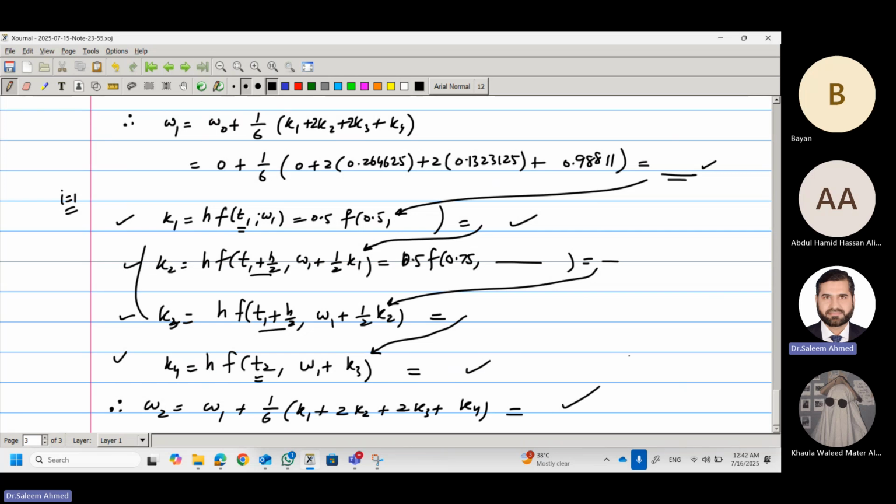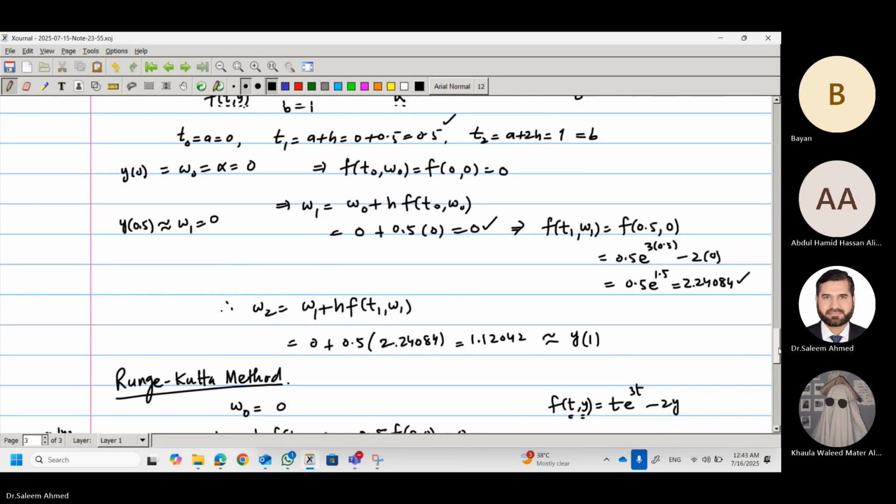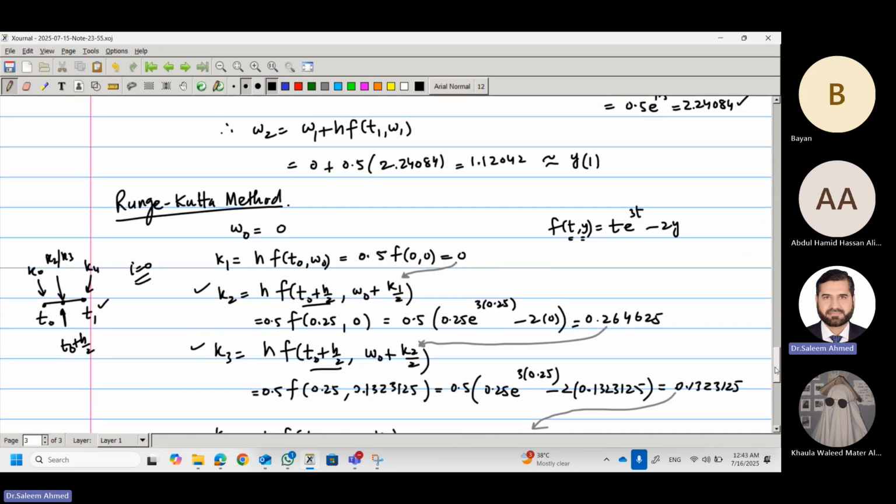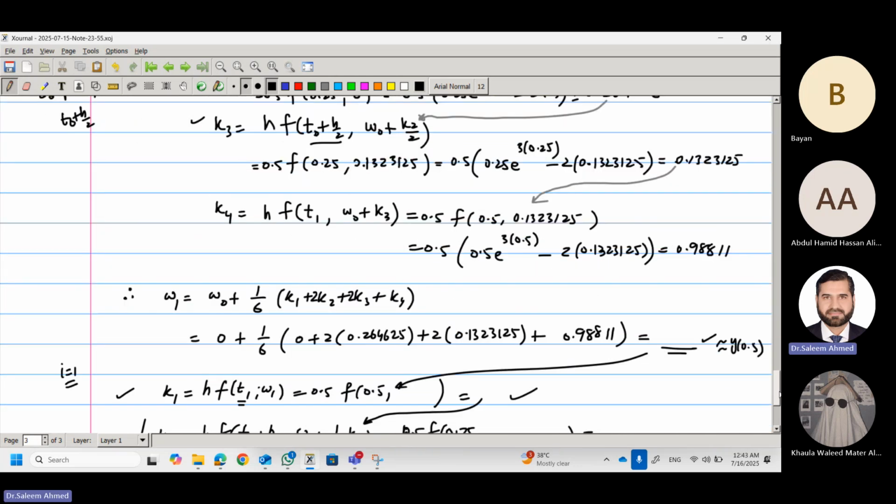So this will complete the problem because I only have to go up to W2. This gives me the approximation at 0.5. Okay. So these are simply your Euler's method and Runge-Kutta method of order 4.